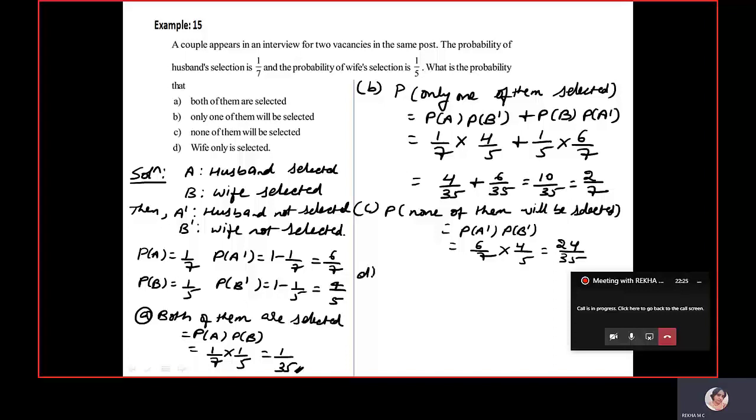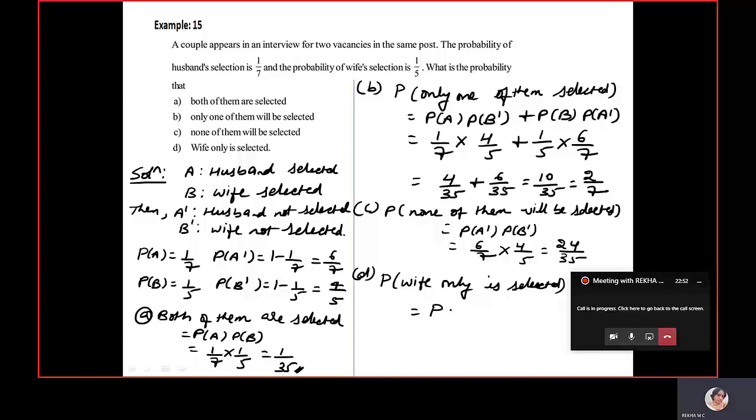The last subquestion D, wife only is selected. So P of wife only is selected. So that is equal to, so husband is not selected, wife is selected.